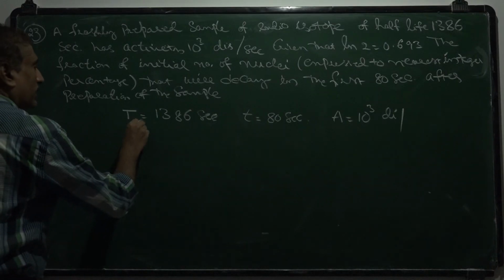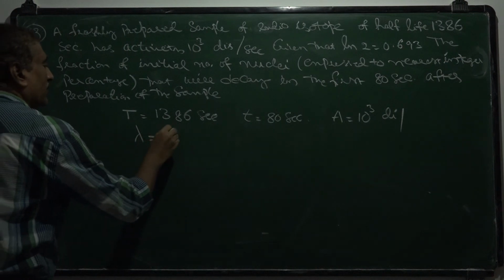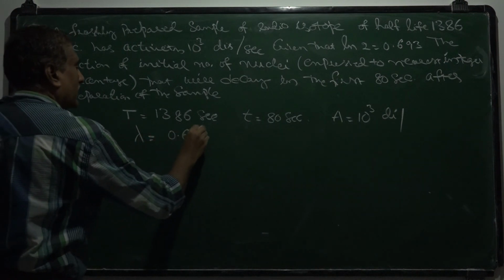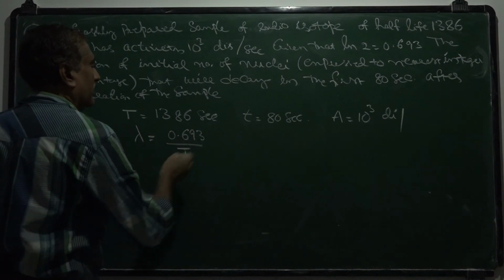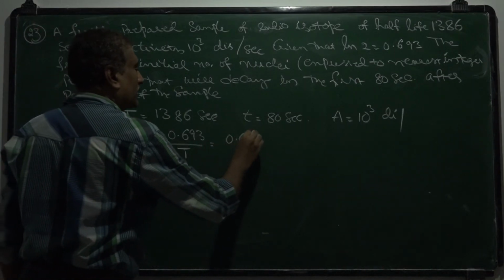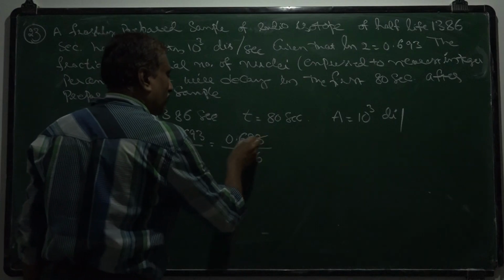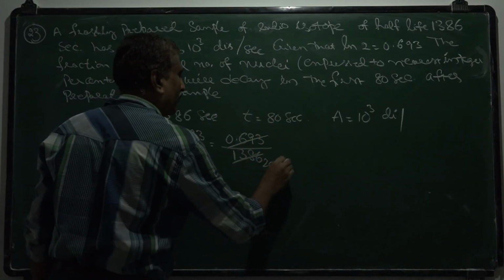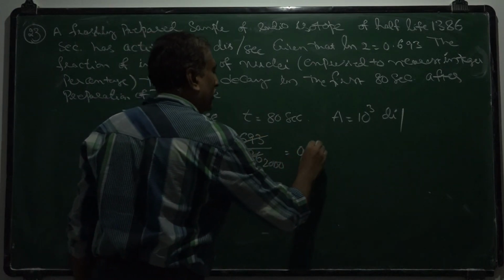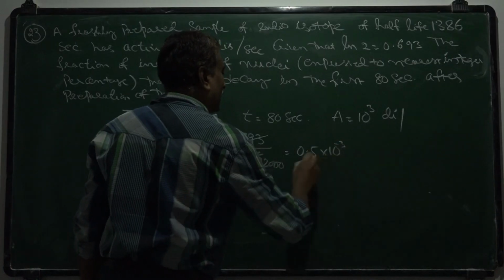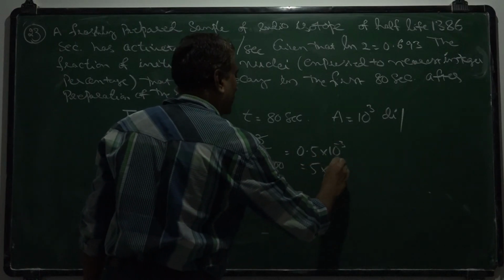From this we have lambda equal to 0.693 by half-life T, that is 0.693 by 1386, which is approximately 0.5 into 10 to the power minus 3, that is 5 into 10 to the power minus 4 per second.